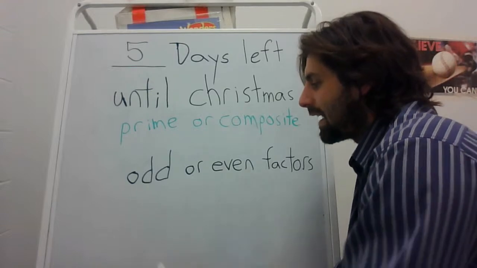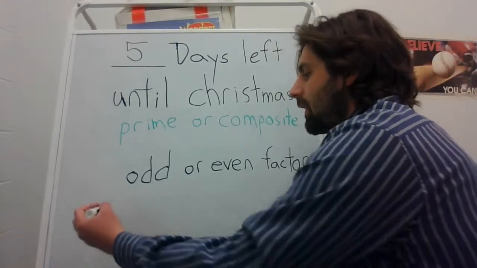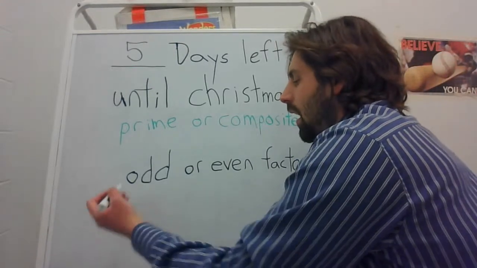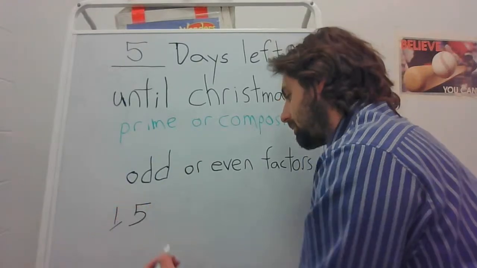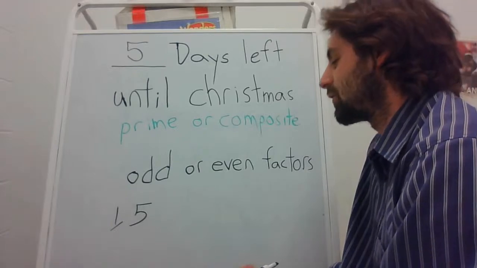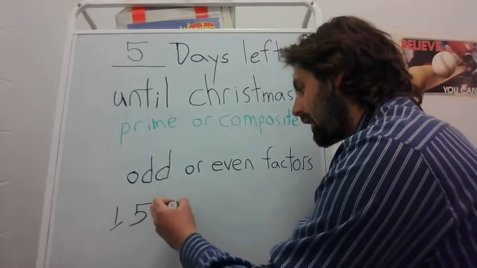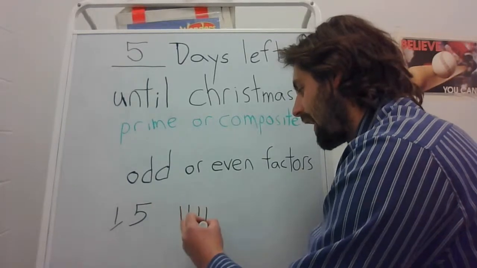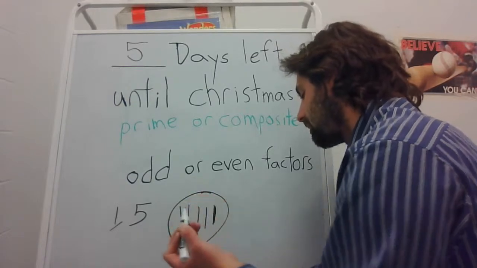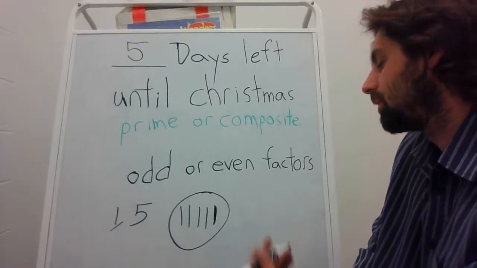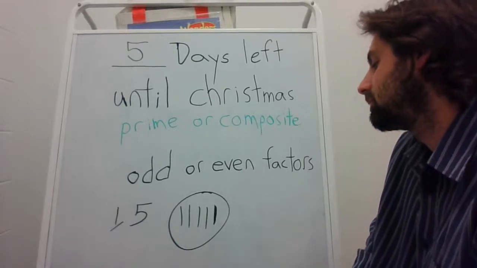So the number 5. 1 and the number itself are factors of every number that's greater than 1. So 1 and 5 are factors of 5. If I were to make 5 tallies and make one group of 5, that would work.